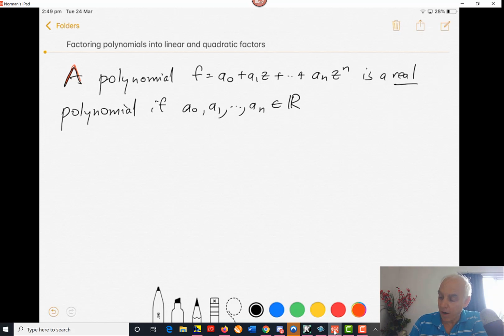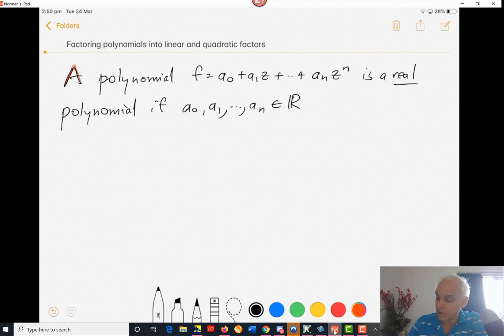For us, real numbers are more like either rational numbers or finite decimals, but if you're able to contemplate infinite decimals, then you can include those as well. So that's a special kind of polynomial.